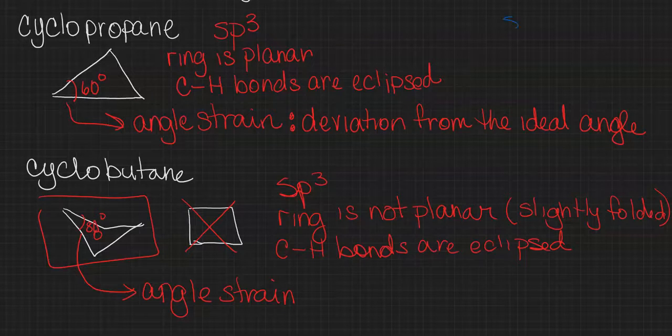Typically, if we are sp3 hybridized, our bond angle should be 109.5. But we're noticing with the cyclopropane and cyclobutane, we have a deviation from that angle.